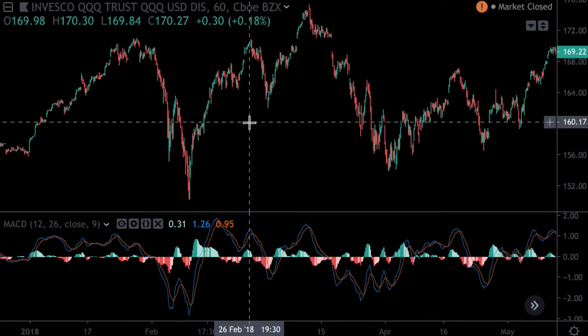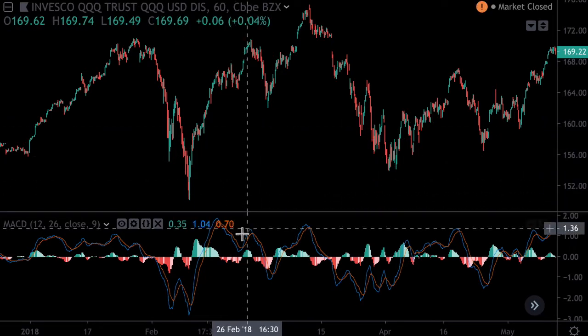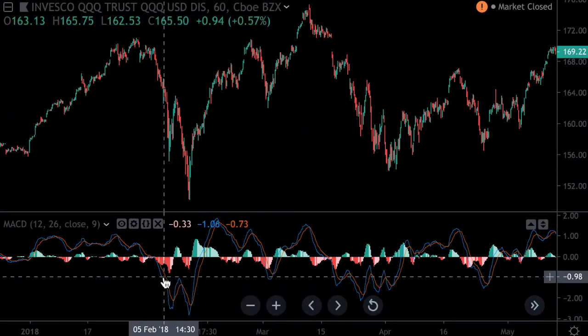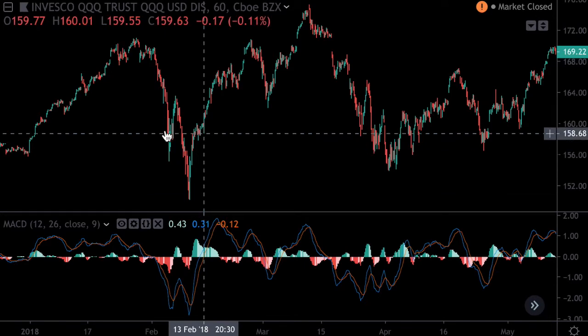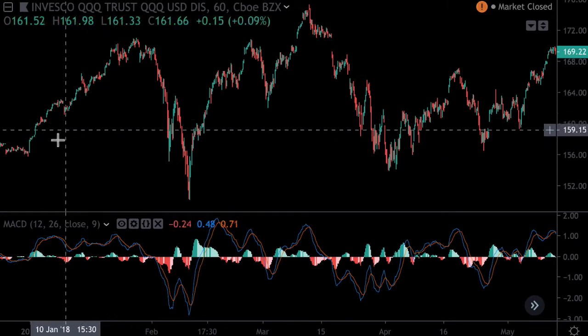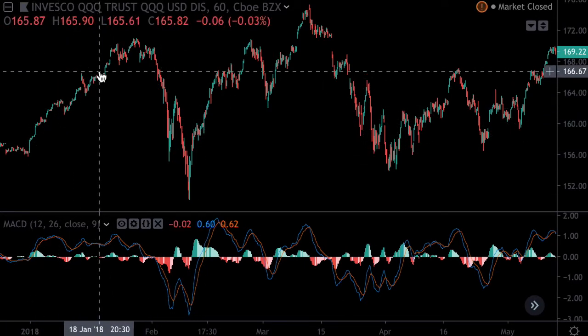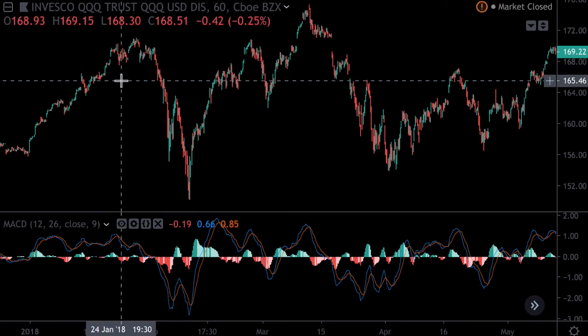So MACD simply stands for Moving Average Convergence Divergence, and it is basically just two lines, a slower one and a faster one. The slower one being an exponential moving average that you often see traders trade with: is the trend above the exponential moving average or below.